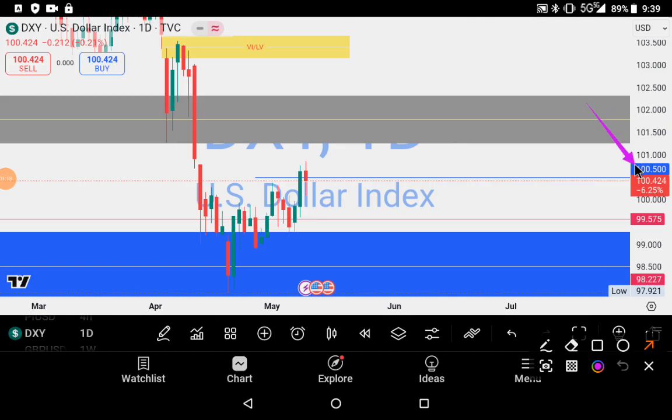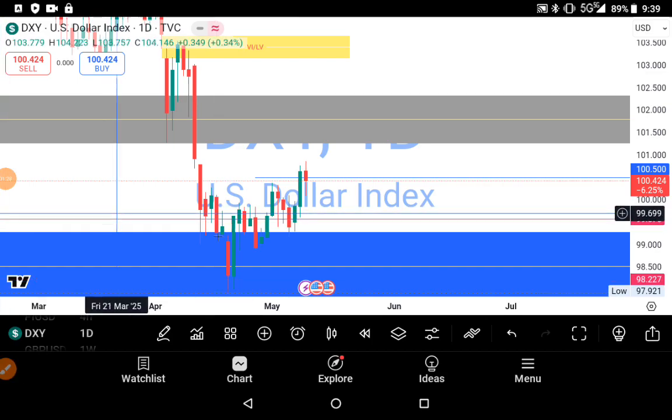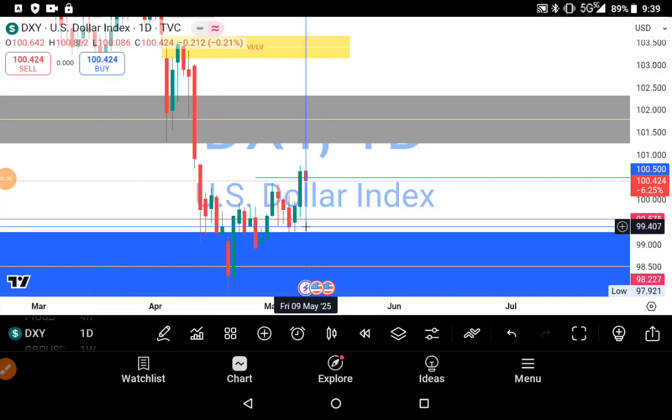As of last week, I was interested in 100.500 and the 101 big figure. 100.500 has been delivered beautifully, while the high of that candle comes in at 100.862, so close to the 101 big figure.